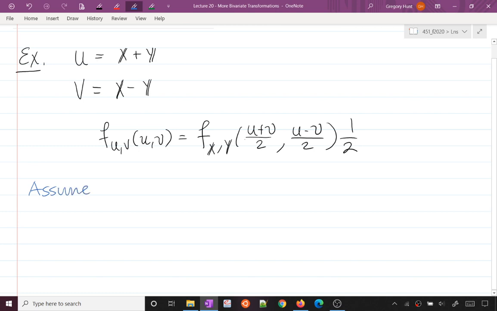So for example, we could assume that X and Y are distributed following a standard normal distribution. I'm going to write this in our typical way, but I'm going to add the string IID over our tilde symbol here. That stands for independent and identically distributed.